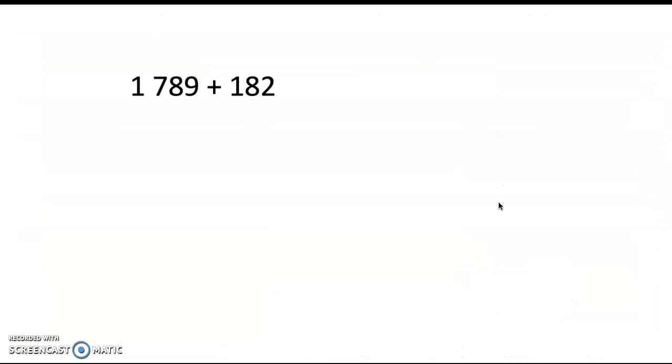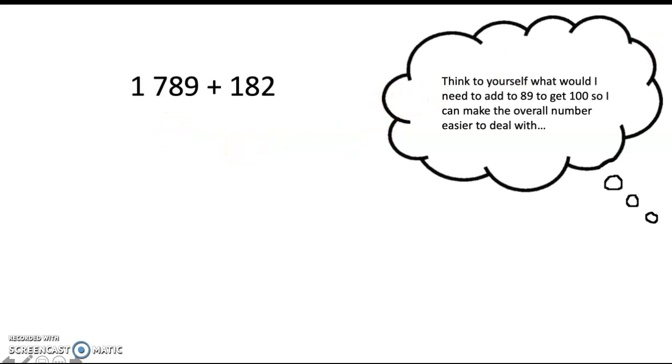So we're going to end the video with another method that will help us in adding numbers. The first thing that we need to do when approaching an addition problem with this method is think to yourself, what would I need to add to 89 to get 100 so that I can make the overall number easier to deal with?